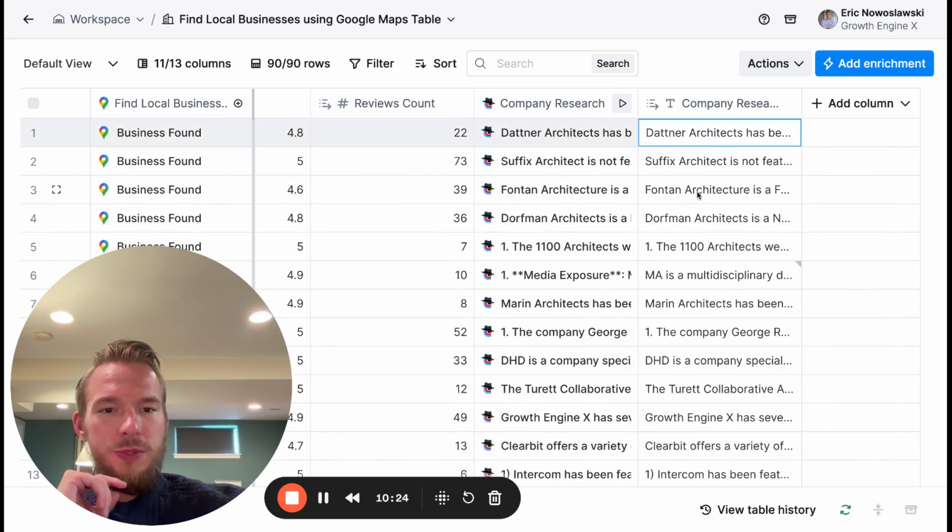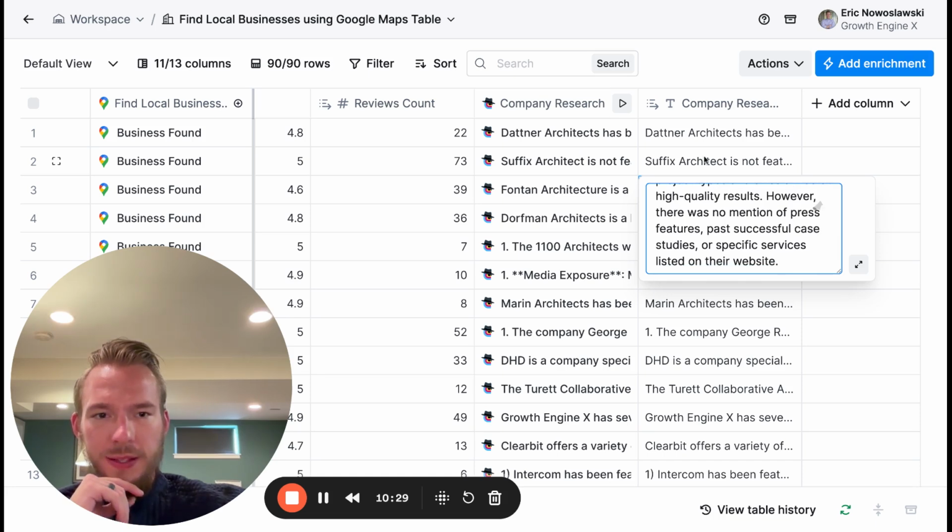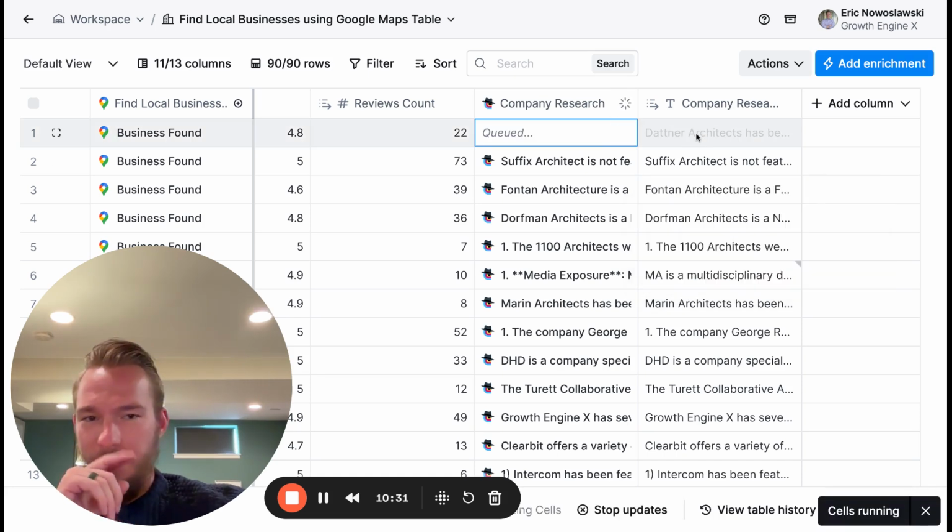So what's interesting is this one used to be really good. Okay, this is really good. What's interesting is that used to be really, really detailed.